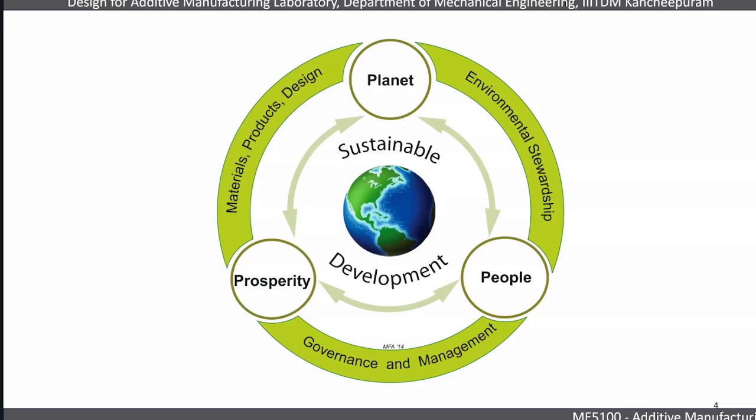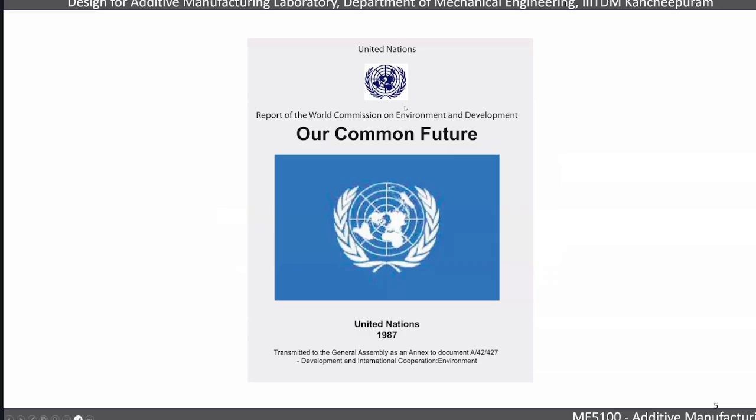Okay, so the term was coined by the Brundtland Commission. She is a Norwegian prime minister who first gave the definition in this report. This report is by the UN, United Nations, on the report of the World Commission on Environment and Development.